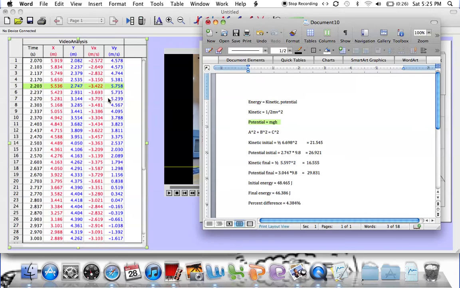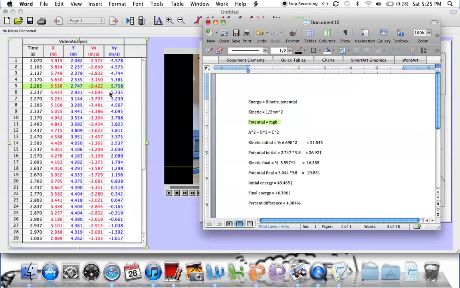We want the vector sum of velocity. So to get that, we use the Pythagorean theorem, which states that unit a squared plus unit b squared equals a combined unit c squared. So essentially, we square the y velocity, we square the x velocity, we add them together, and then we take the square root of that, which yields the common velocity vector.